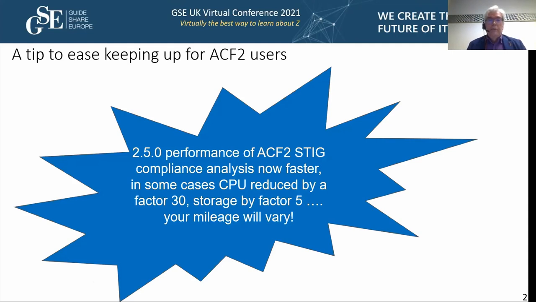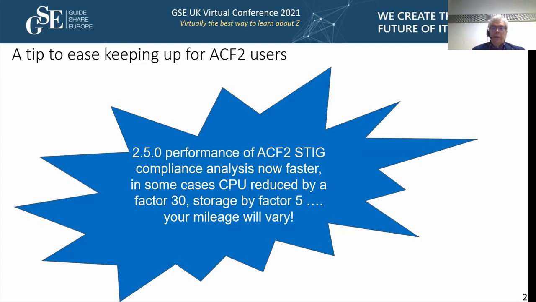One little thing for ACF2 users. If you are an ACF2 user, I would strongly recommend installing 2.5 because we have made it a lot faster. For measurements we did for a specific customer, the CPU was reduced by a factor 30, so 97% reduction.